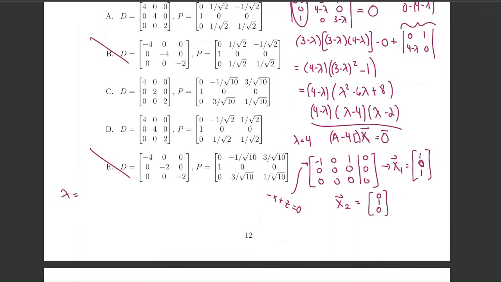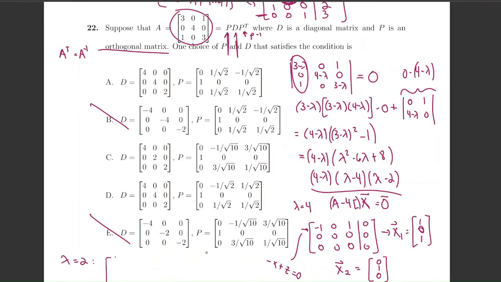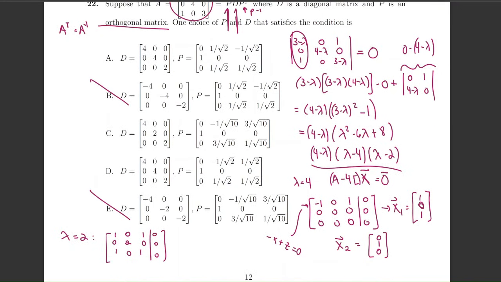So let's find one for lambda equals 2. Then our A becomes: 3 minus 2 is 1, 0, 1, 0, 2, 0, 1, 0, 1. What's the constraint on this one? Notice that these are again multiples of each other, so I can just get rid of this one. I can make this a 0. Then this means that our y entry has to be 0.